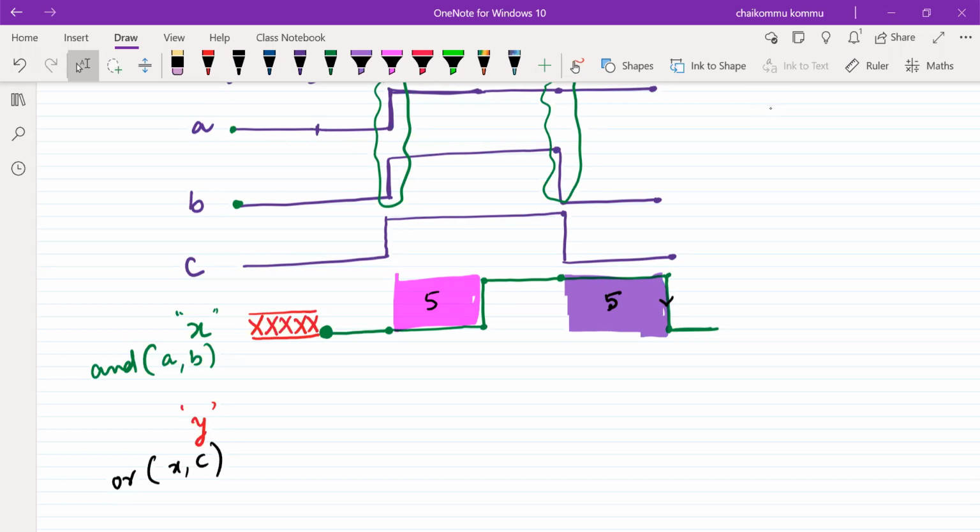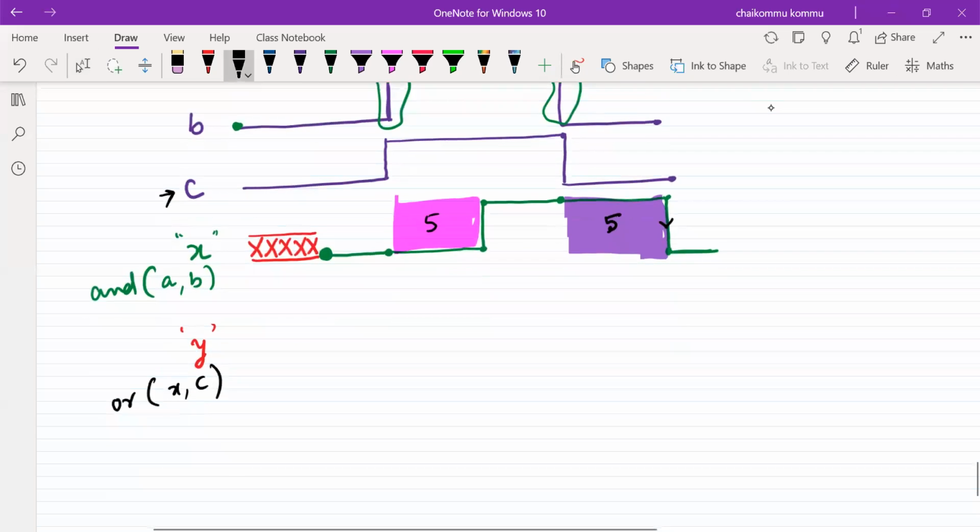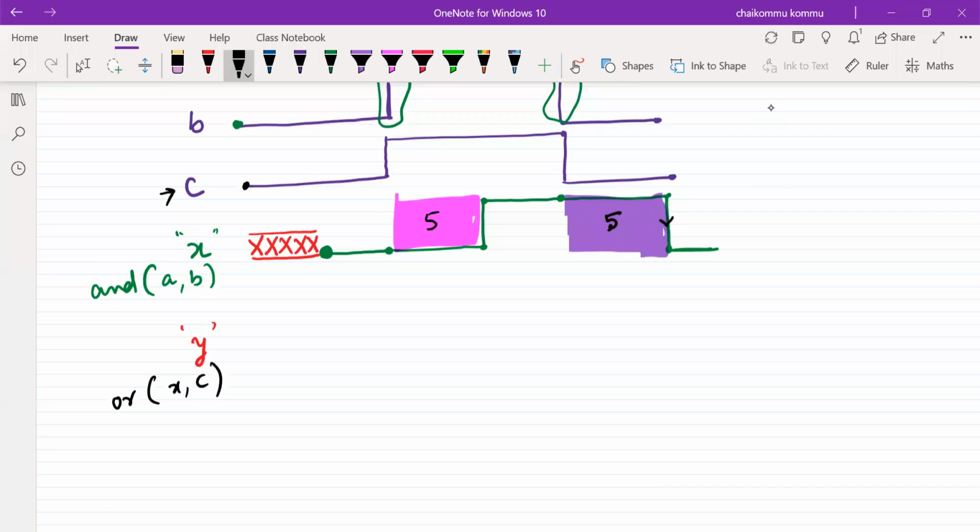X is generated based on this value. Initially we don't have any X value, and this is the original value, which is compared with C. Now what is happening here? Observe, this is 0, but this is unknown. For an OR gate, if one is 0 and another one is don't care, what does that mean?